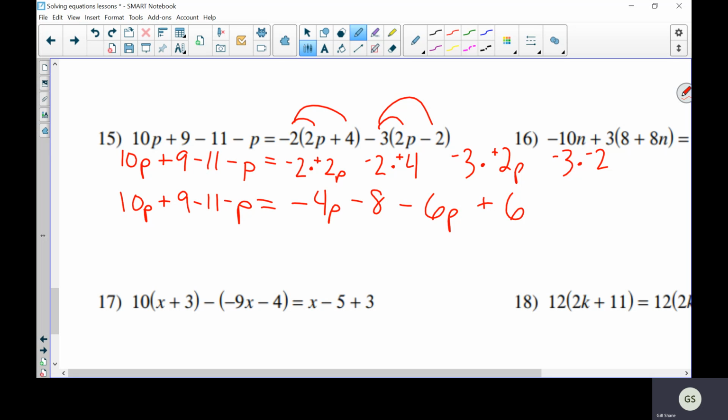So now we're in a 2-step equation. Exactly. We always start on the side of the variable. We would actually start on this side.